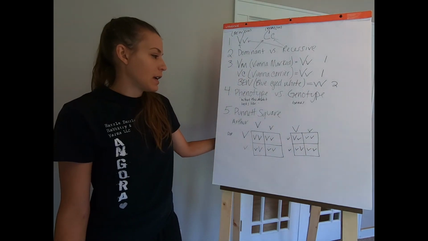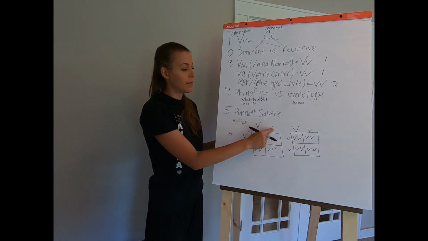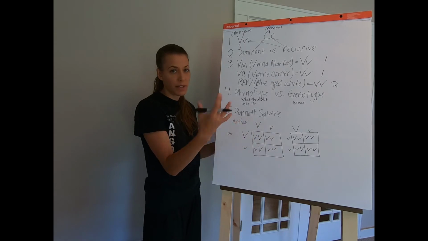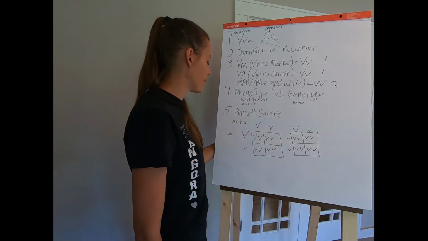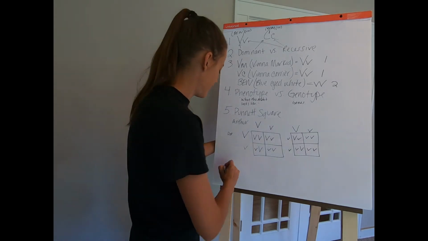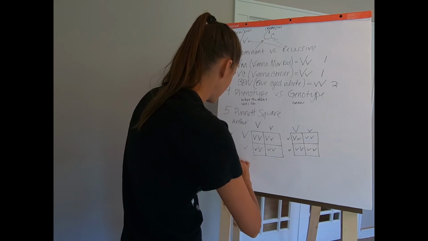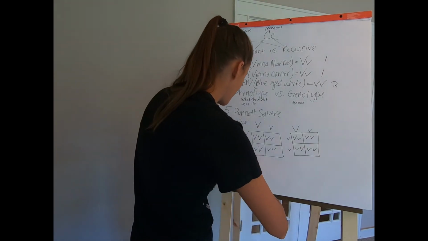So let's say we have Arthur, again, with 1 Vienna gene, and then 1 of the dominant genes. We want 2 of those recessive for the blue-eyed white. And we breed him to Mariah Carey. Mariah Carey is interesting.